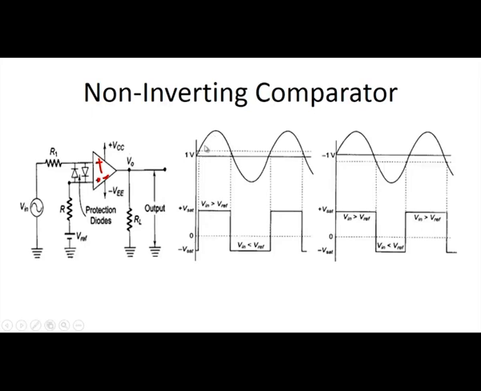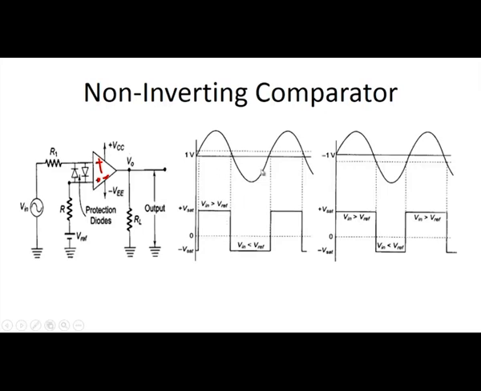Here the input of the comparator is higher than the reference voltage. Input is given to the positive terminal, and if it is high, then the output will be a positive saturation voltage. So, until the reference voltage is lesser than the input voltage, the output voltage is a positive V saturation.